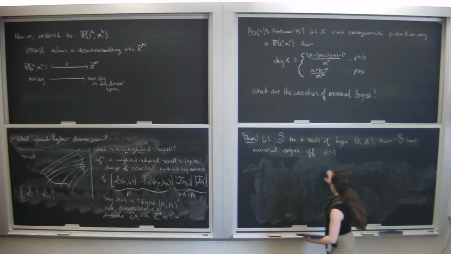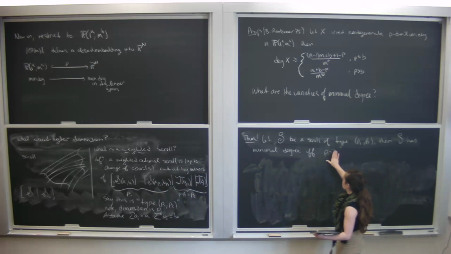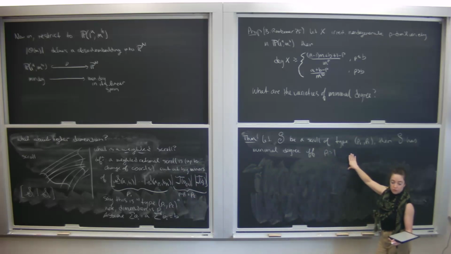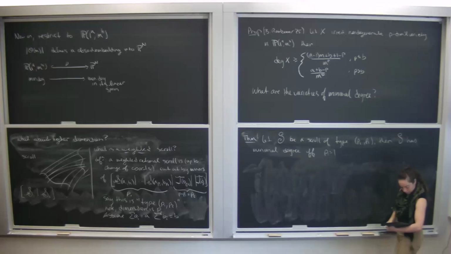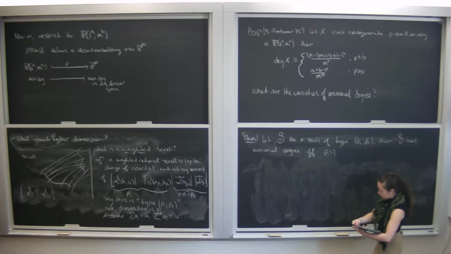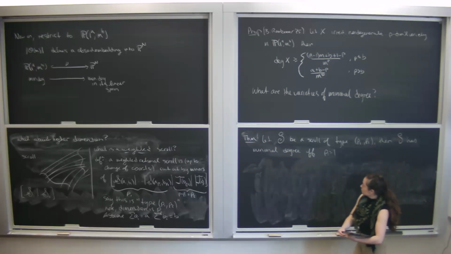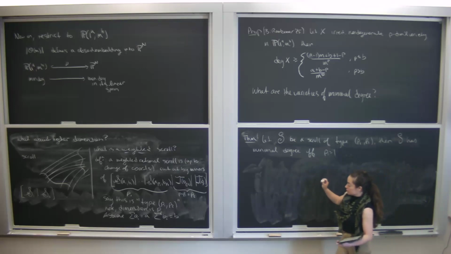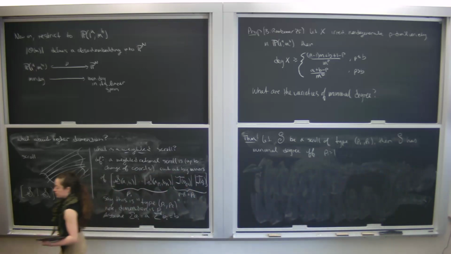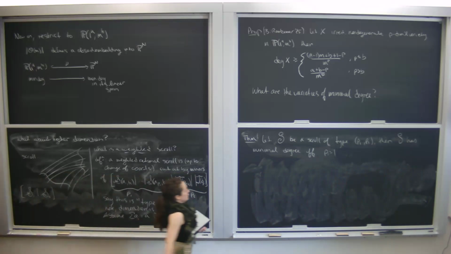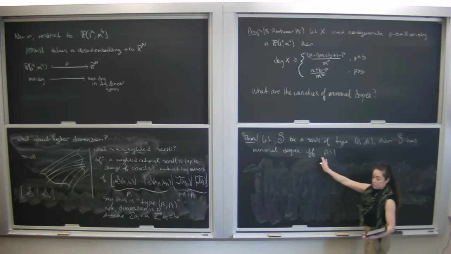So there are some choices of A and B in dimension where there are no minimal degree scrolls. And that's just the way it is. So sometimes there are no minimal degree scrolls.